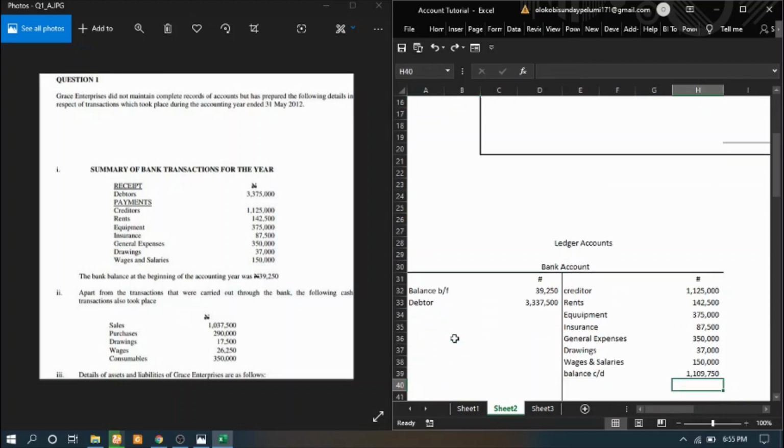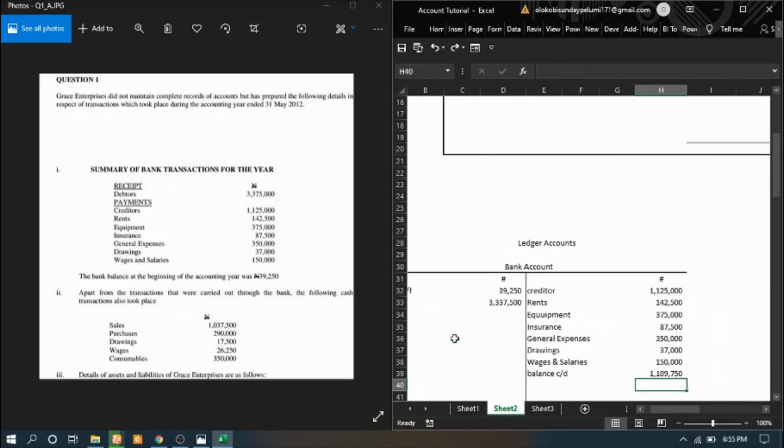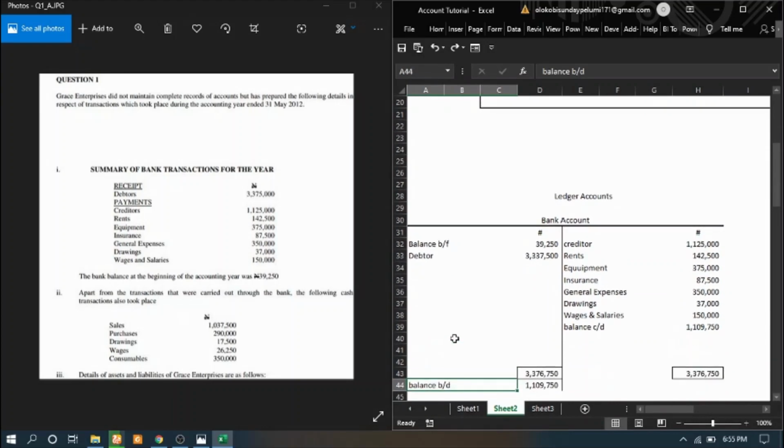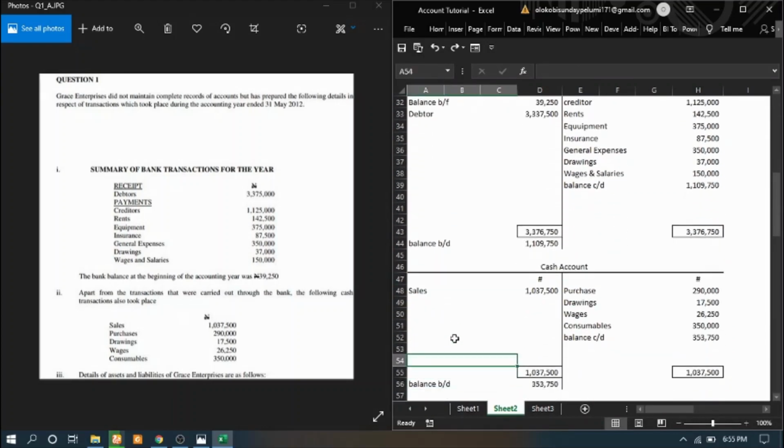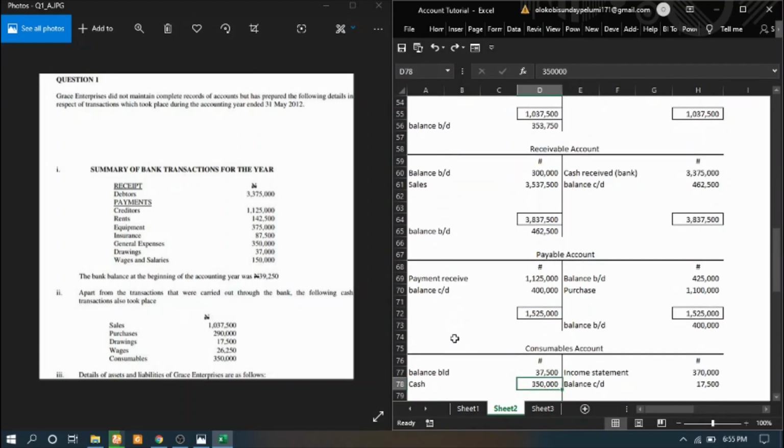So what is that D48 and D61? This is it here, the sales D48. So this is cash sales, and also D61, credit sales. The sum gives us that.